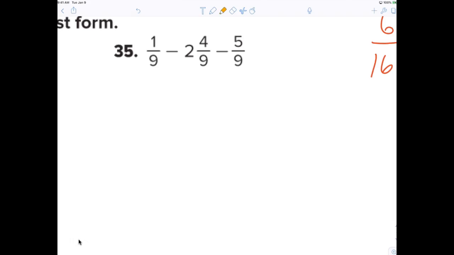Yes, this is my recommendation. 1/9 minus 5/9 is 4/9. What kind? Negative. Yes. So now I have negative 4/9 minus 4/9. So what is that?